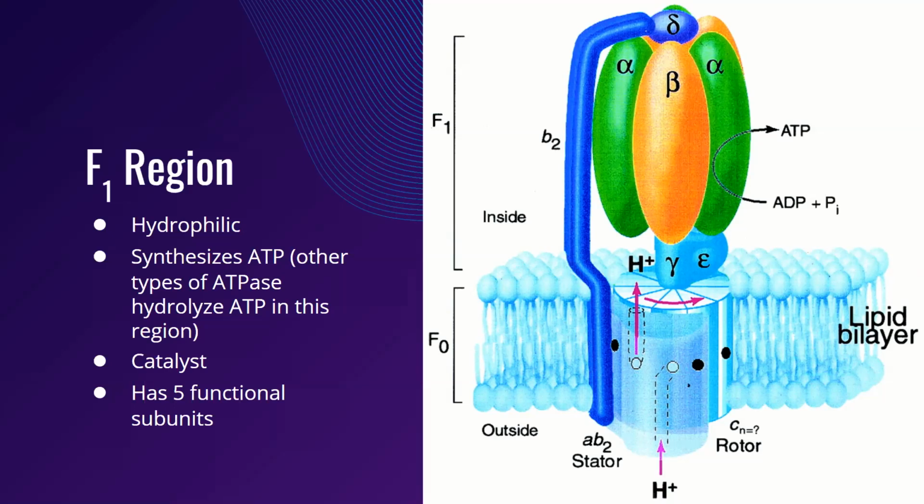What a catalyst does is it takes the reaction down a different pathway so that it uses less activation energy and therefore is more likely to happen and occurs faster. That's the purpose of a catalyst, and that's what this F1 region does. It also has 5 functional subunits, as you can see in this diagram, but we're not going to go through that just yet.